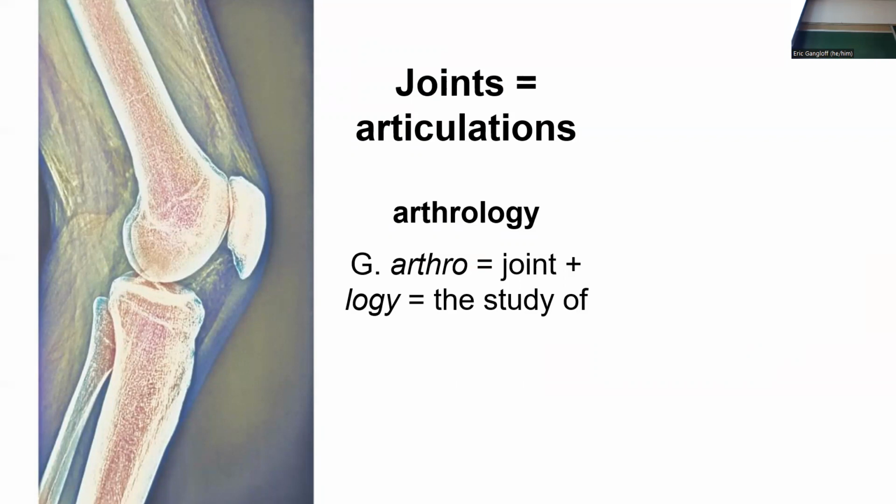You can see the patella. This is a great example of what I mentioned earlier about how the patella really articulates with the femur, not the tibia. You can see there's no direct articulation between the patella and the head of the tibia here. Instead, it just slides over the anterior face of the femur.